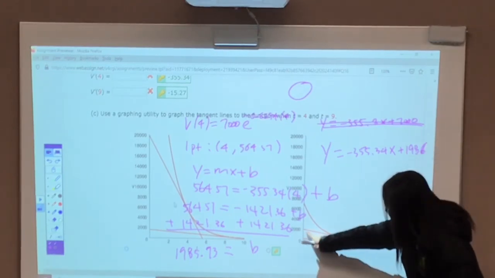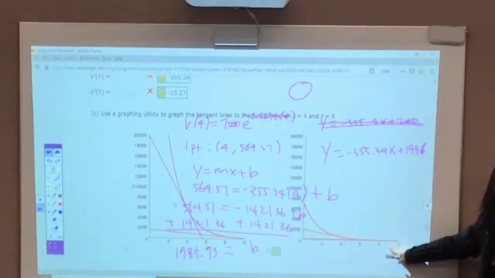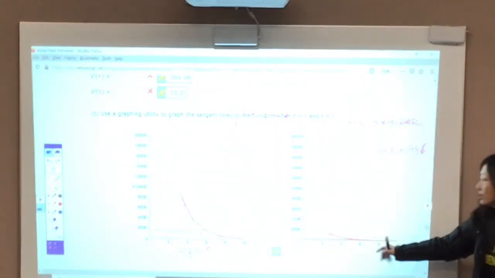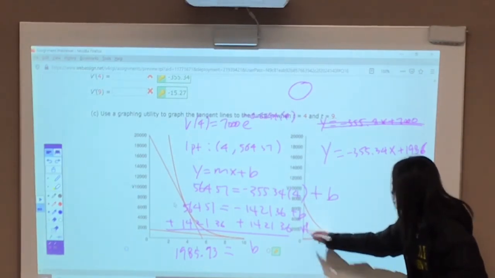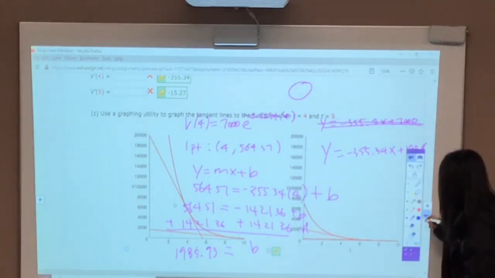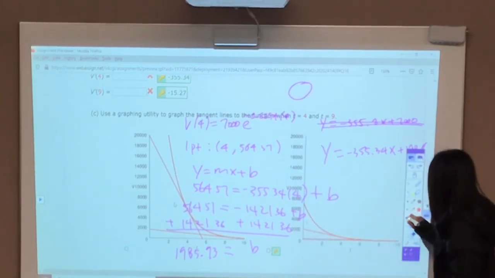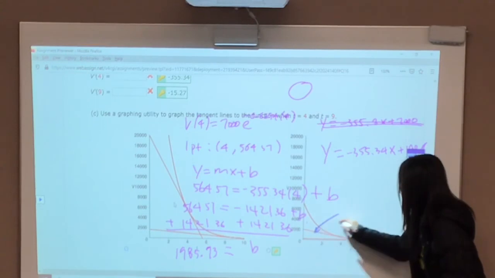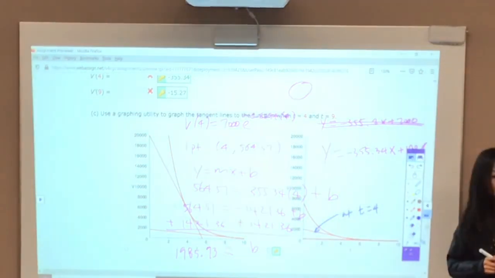So, does everybody see it? Right here? Coming down? So this is the first one, this is the B at t equal to 4. Are you with me, class?